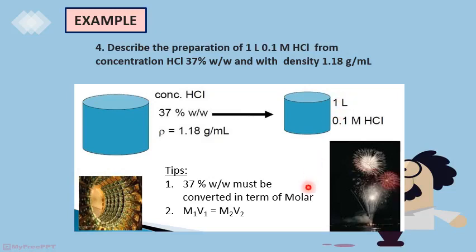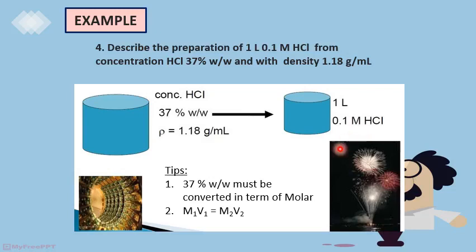So for this question, you must do conversion first. The 37% weight per weight convert into molar, because the one that you want to prepare is in unit molar, 0.1 molar.